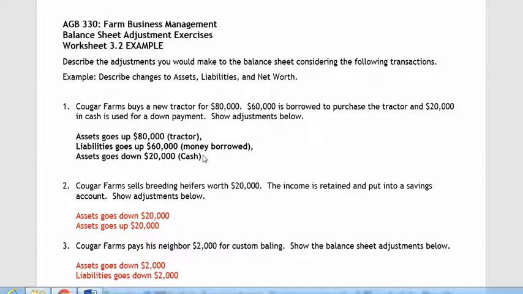So when we look at that problem, assets went up 80,000 and down 20,000. That's an overall change of 60,000 on the left-hand side of the balance sheet. And on the right-hand side of the balance sheet, liabilities went up 60,000. That's an overall change, obviously, of 60,000.